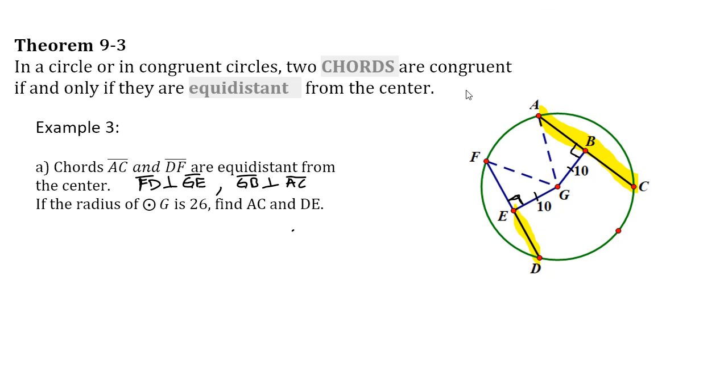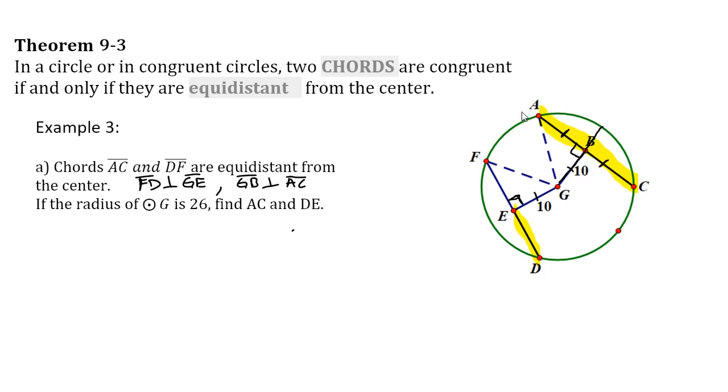Now, the first thing that I'm going to point out here is that we have a segment that's perpendicular to a chord, and that segment is part of a radius. So that means that we can apply the previous theorem that says that as long as you have a segment, be it a radius or a diameter, that's perpendicular to a chord, then it will bisect the chord.